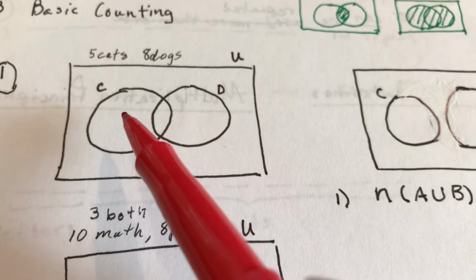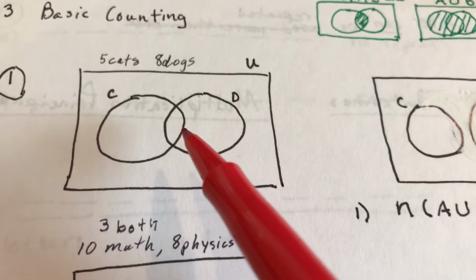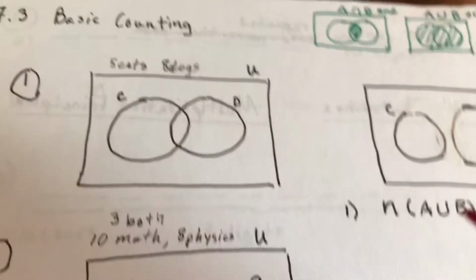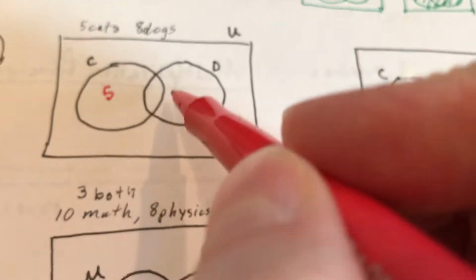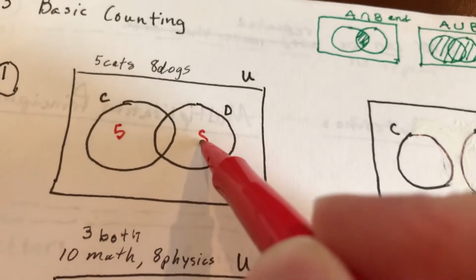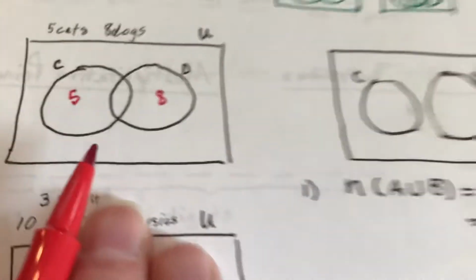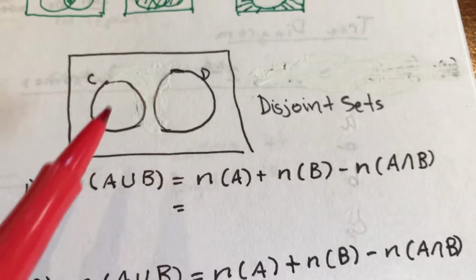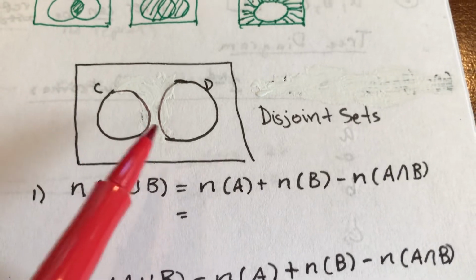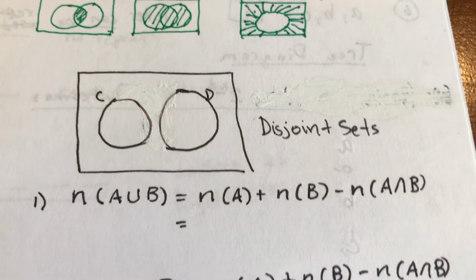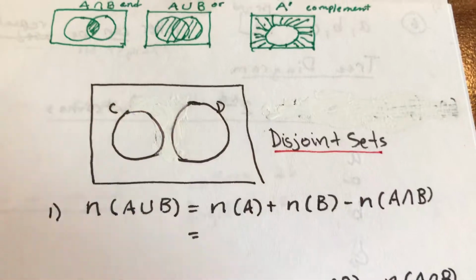So how many cat dogs are there? There aren't any. You have 5 cats, so that's what goes here. And you have 8 dogs. And because they have no intersection, you can actually draw these like this, separate, and they are called disjoint sets if they have no intersection.